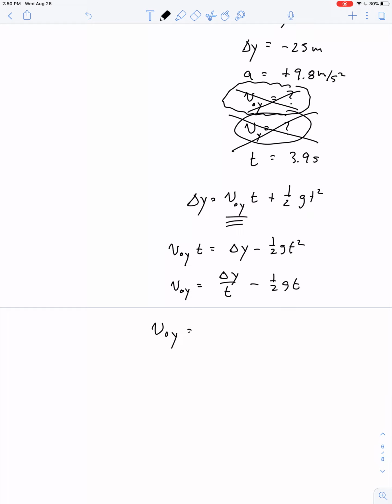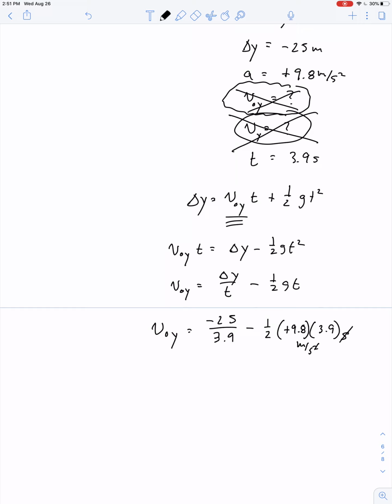So v initial y is equal to negative 25 over 3.9 minus 1/2 of positive 9.8 times 3.9. Oh, of course, this is 3.9 seconds. This is meters per second squared.